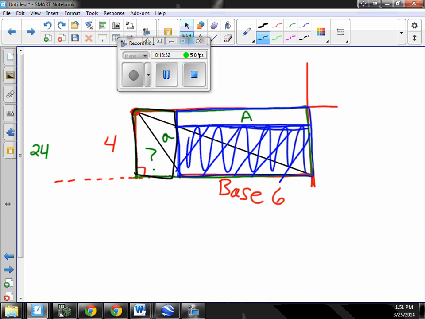What's that? Yeah, I don't know how big that is, but I know it's twice as big as A. Okay? So if I could figure out a triangle, let's say, if I could show that this and this are the same size, then I'm done.